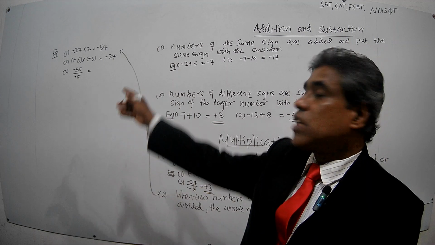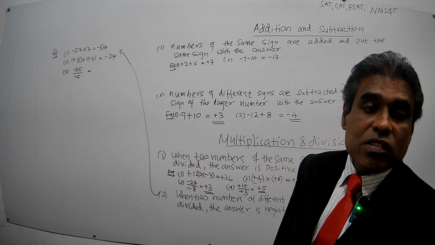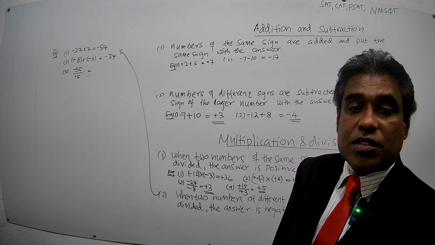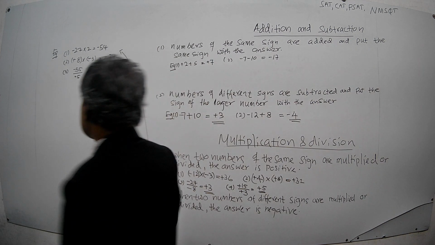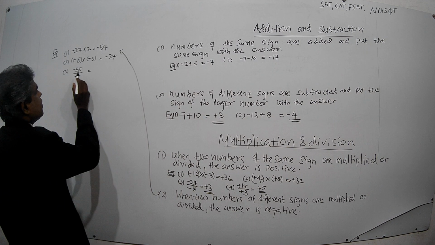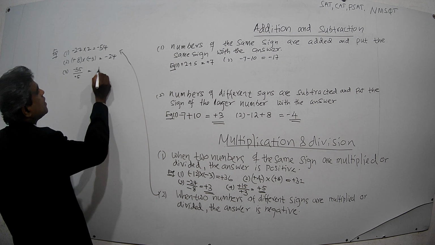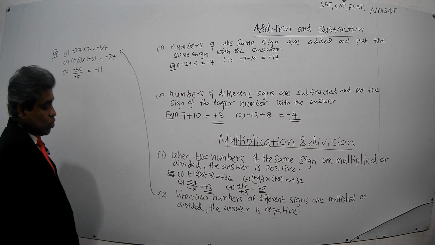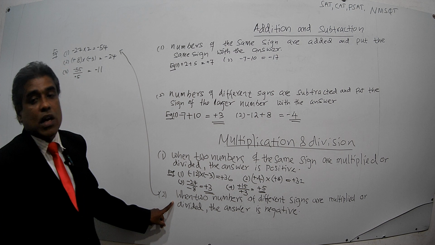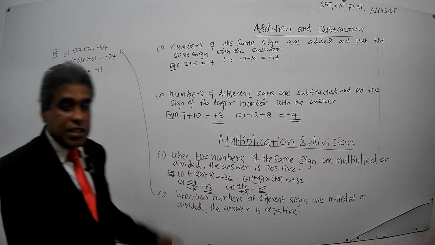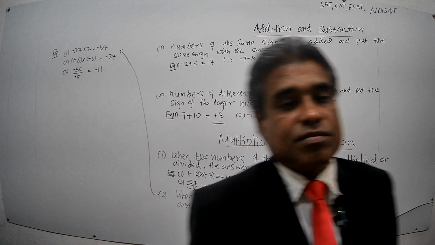One number is positive, that is positive 5, the other number is negative, that is negative 55. Then after dividing, 55 divided by 5 is 11, and the answer is negative because of this rule: when two numbers of different signs are divided, the answer is always negative.